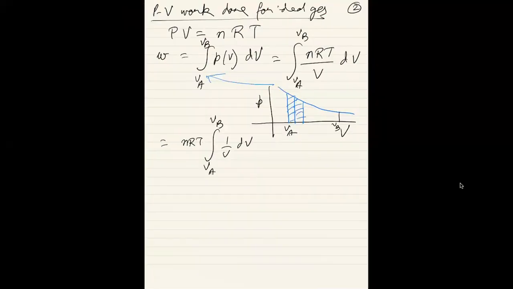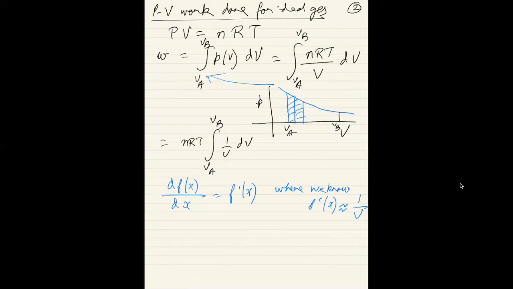So we want to figure out df by dx is equal to f prime of x, where we know f prime, in this case, instead of f prime of x, we have 1 over V. That's why I'm using this symbol. It's not the same.